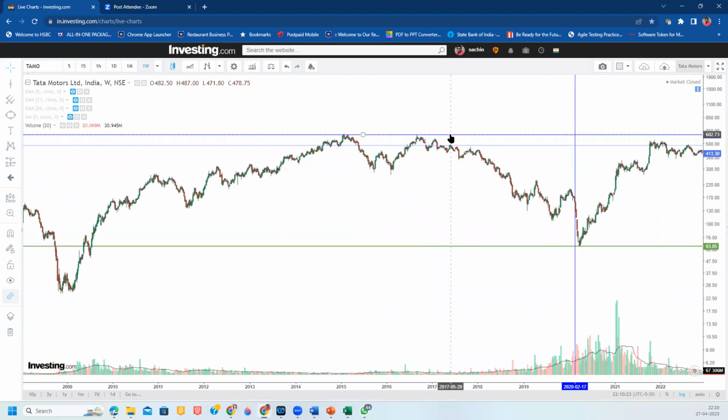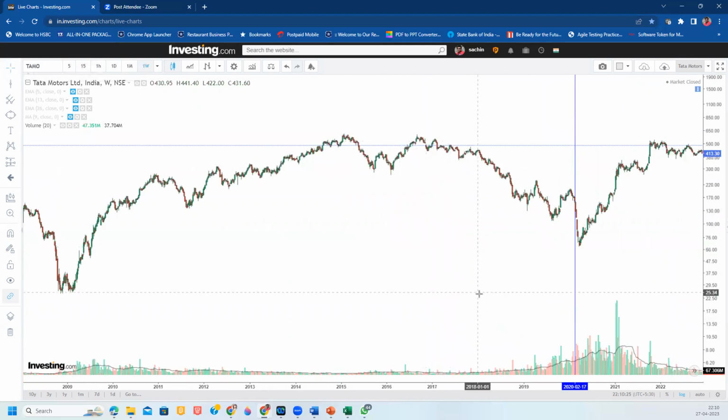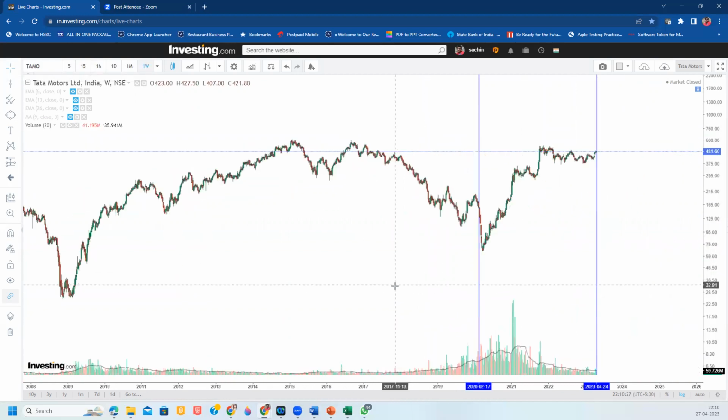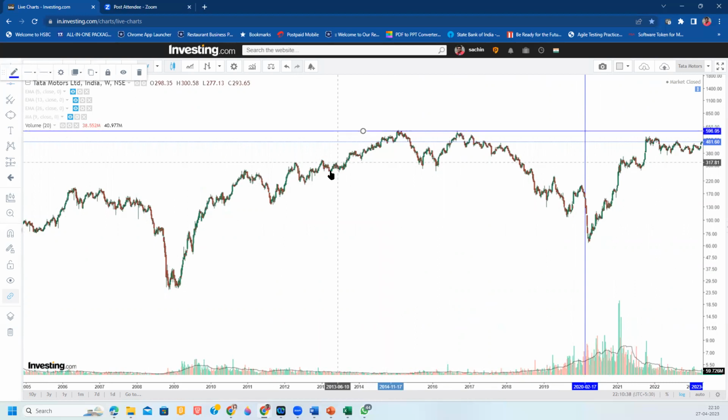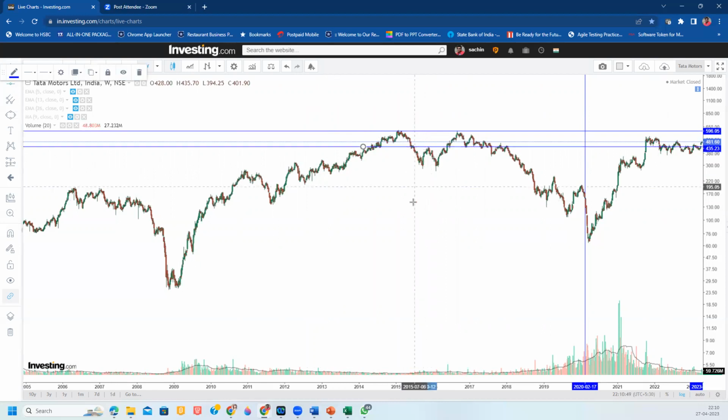Here we need to mark the support and resistance. I just clear everything in the chart. So the major support and resistance we need to mark. We go to this horizontal line, and based on past performance, maybe here is the first top resistance, and then the next resistance maybe somewhere here, because at that level the price touched that point and came down.